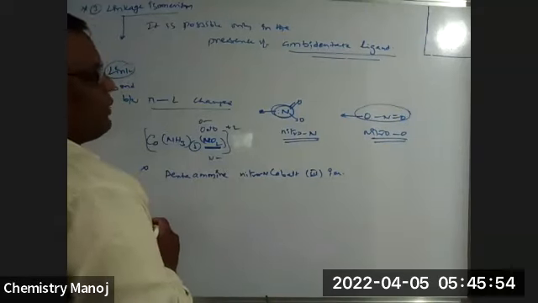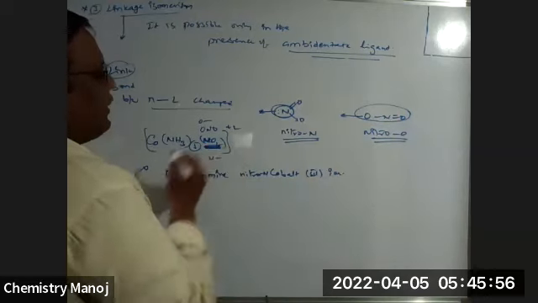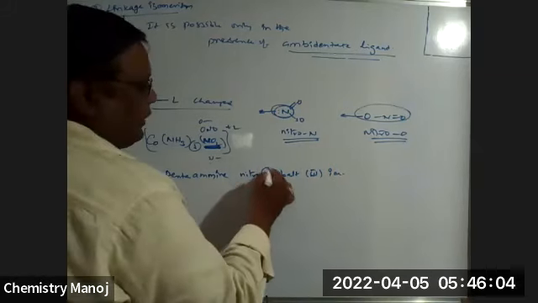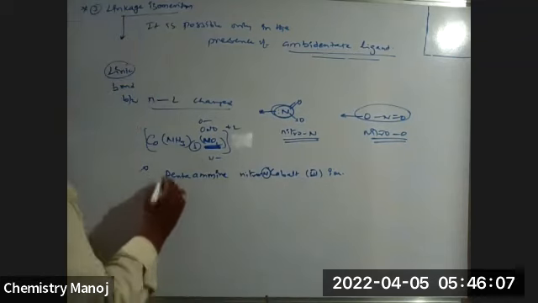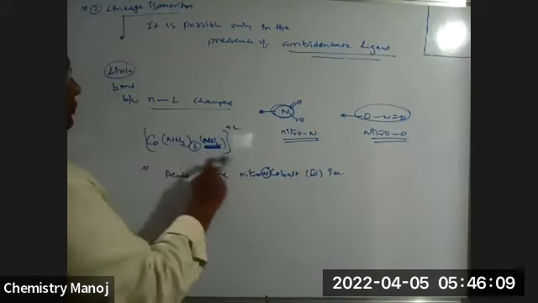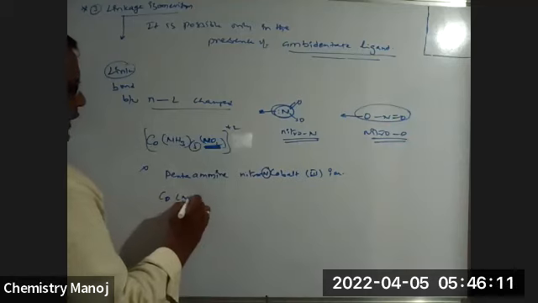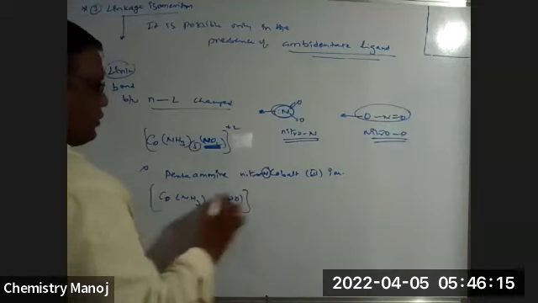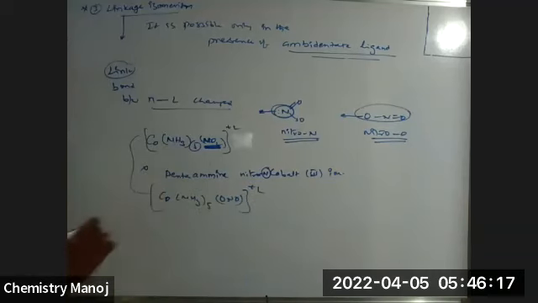Nitro N cobalt. Whenever ambidentate ligand is there, the donor atom must be present in the name. Now, this complex and Co(NH3)5 ONO 2+. These two complexes have same formula or not?